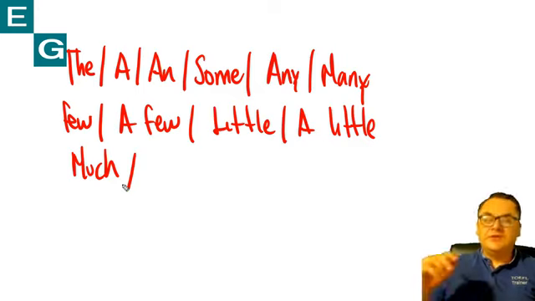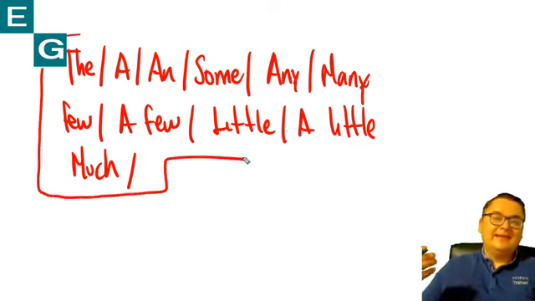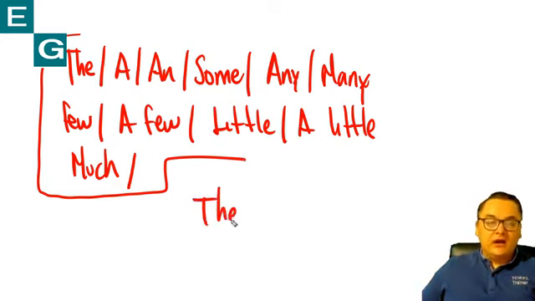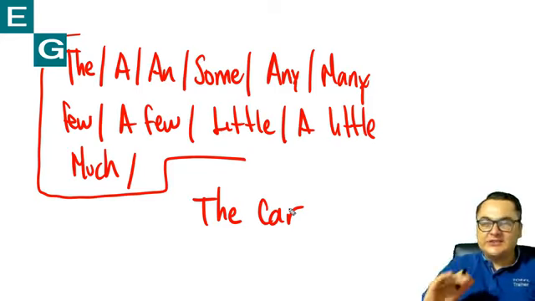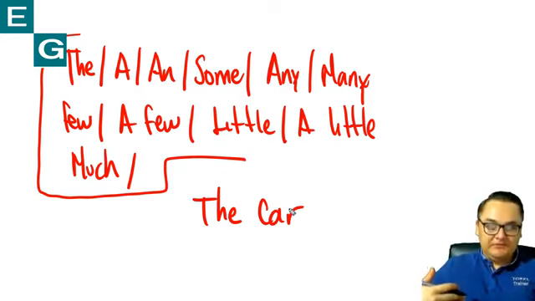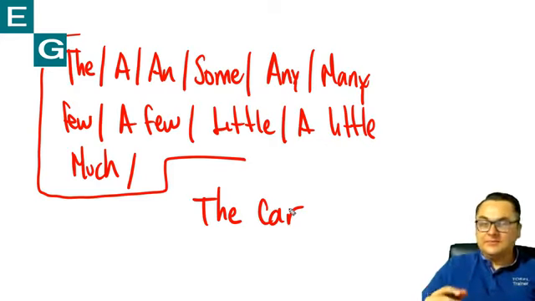And I'm going to say that if I have these words and then I have other words, for example, the car, this is very likely to be what I'm looking for. This is very likely to be the subject of the sentence.